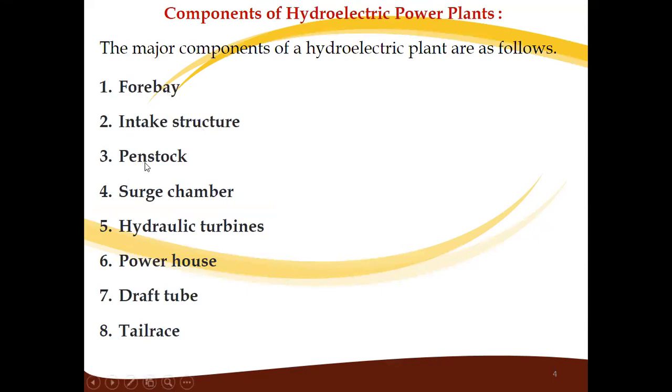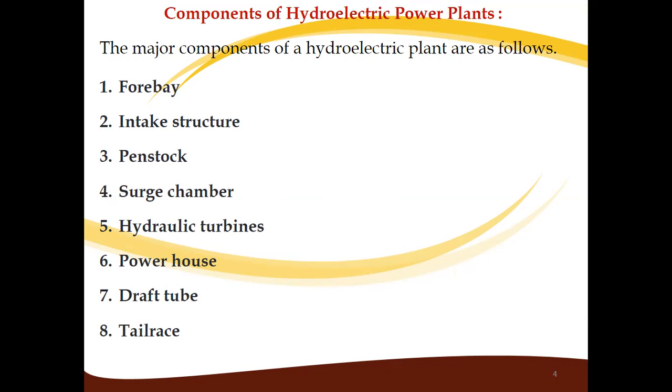Third, penstock. Fourth, we have the surge chamber, also called a surge tank. Fifth part, the hydraulic turbine, also called a water turbine. Sixth, the powerhouse. Seventh, draft tube, and eighth part is the tail race. So these are the major parts of this hydroelectric power plant.